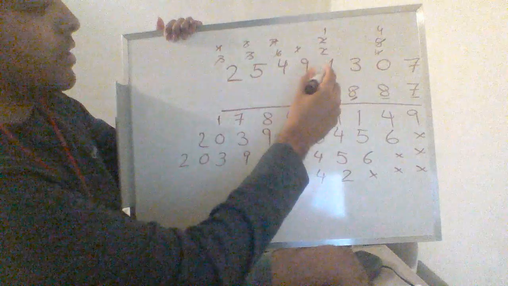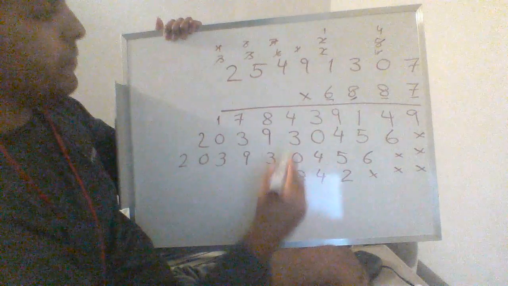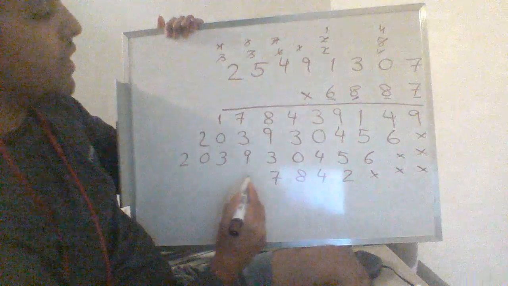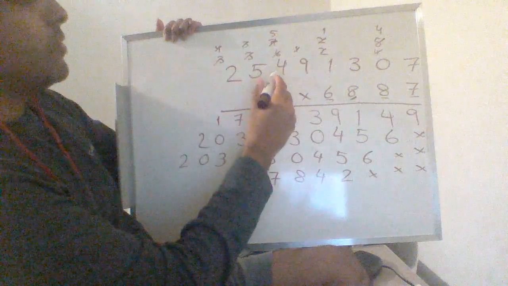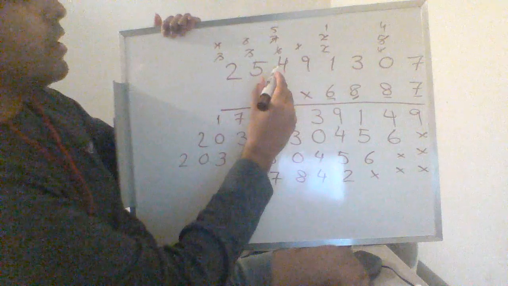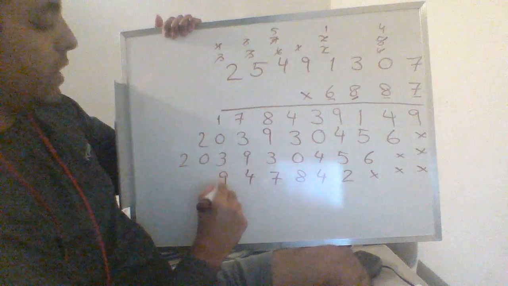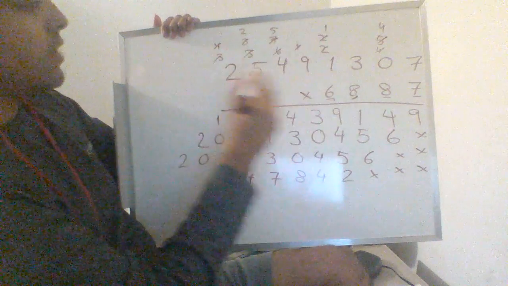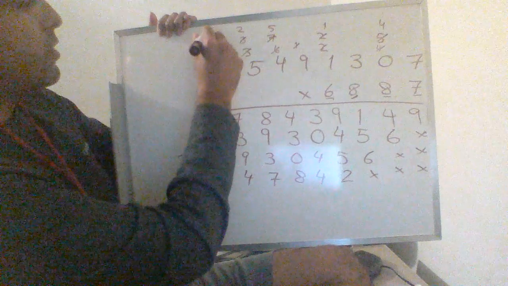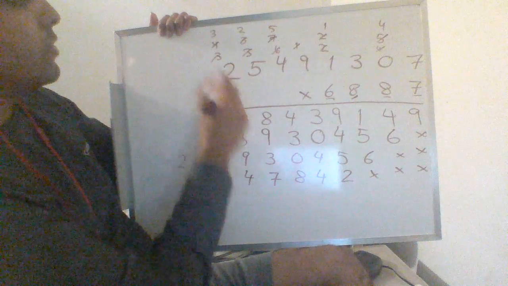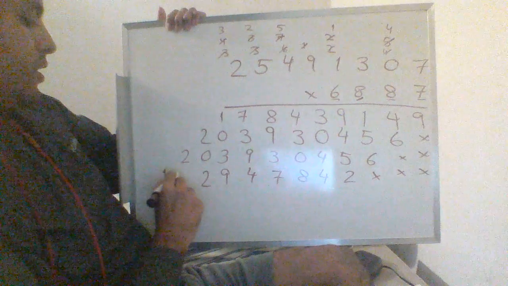Carry the 1. 6 times 1 is 6, plus 1 is 7. 6 times 9 is 54. Carry the 5. 6 times 4 is 24. 24 plus 5 is 29. 6 times 5 is 30. 30 plus 2, 32. 6 times 2 is 12. 12 plus 3 is 15.